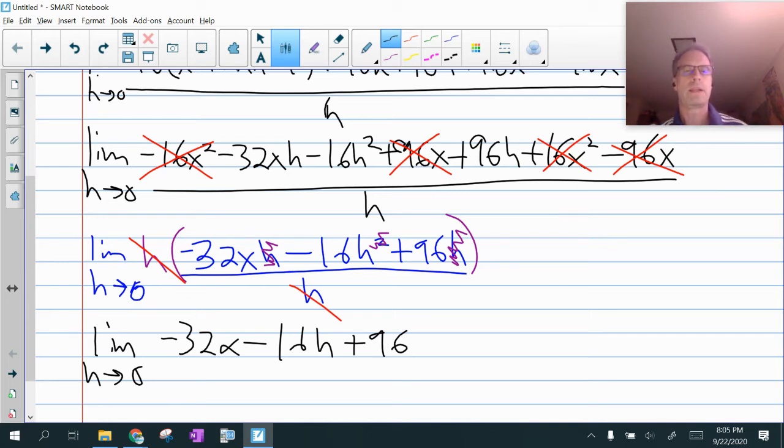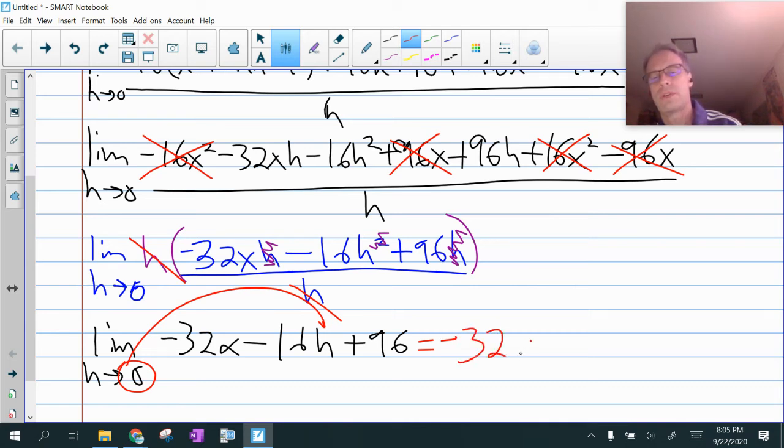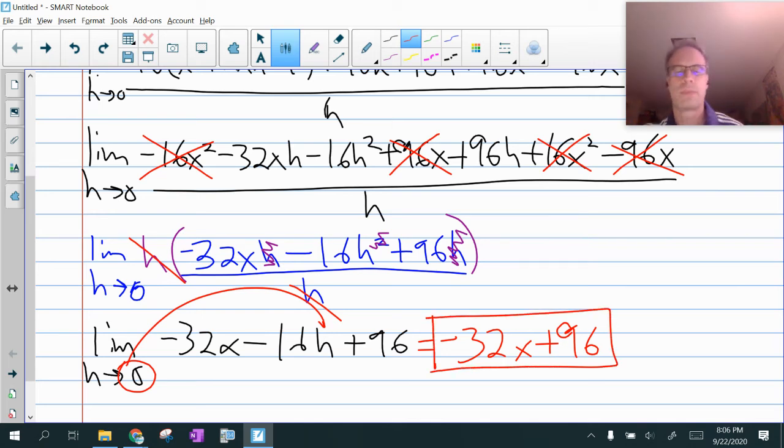Okay, and now the only thing I need to do is substitute my value of 0 into my h, which should get me down to a final statement of negative 32x plus 96. Okay, and so there's my answer for the derivative of my function.